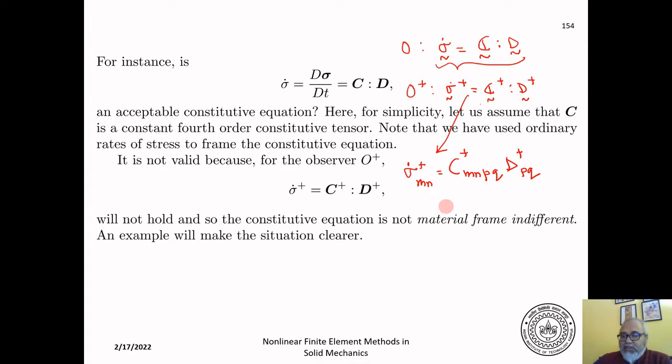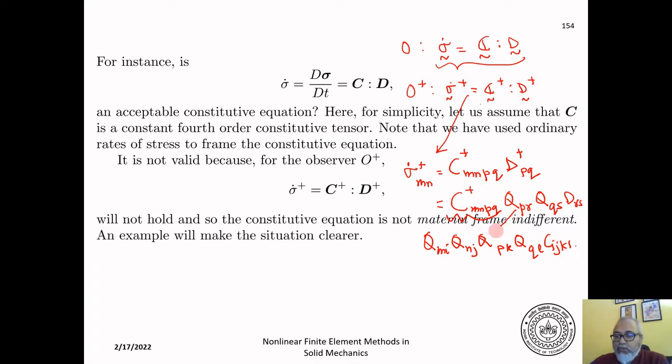Now we know d transforms as a frame indifferent tensor, so d plus pq is Q pr Q qs d rs. Now C is a fourth order tensor, so it should transform as Q mi, Q nj, Q pk, Q ql, C ijkl. So this should be the transformation.